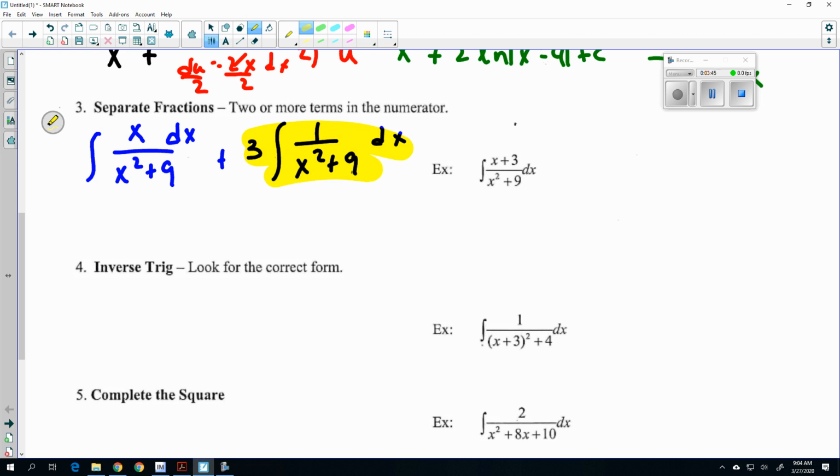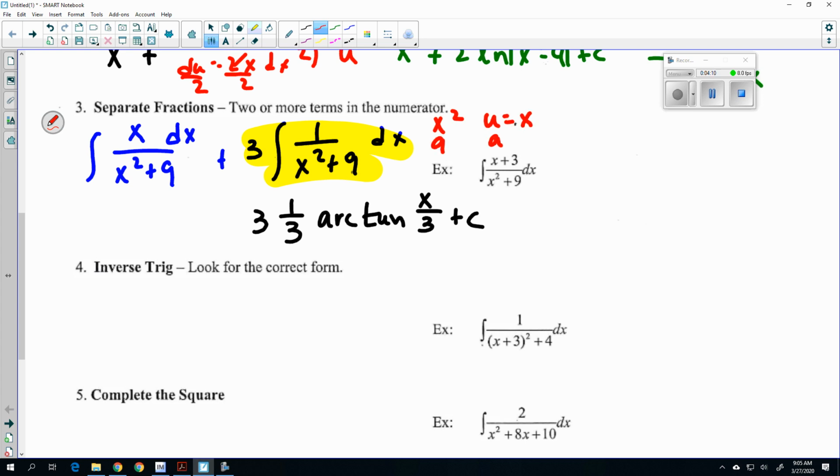Tangent's one that occurs a lot. If I was to integrate that, the 3 would stay. This would be 1 over a arctan of u over a. So you have to look at these. x squared plus 9, so my u is x and my a is 3. And so that's where the 1/3 comes in, and you can see that these are going to cancel.